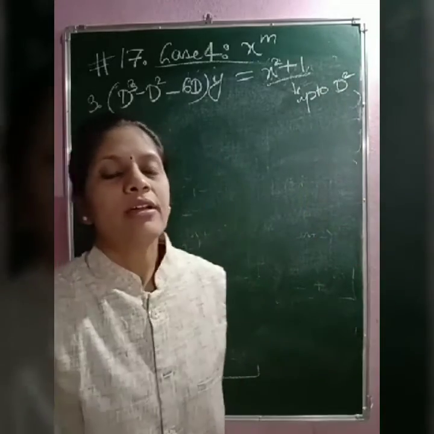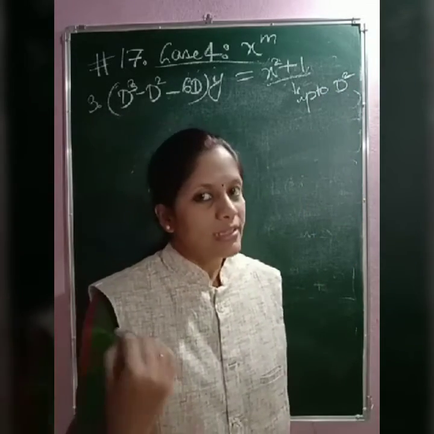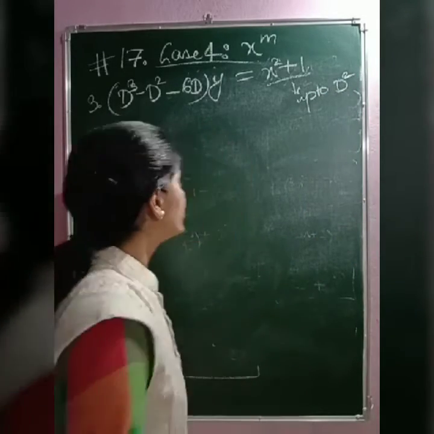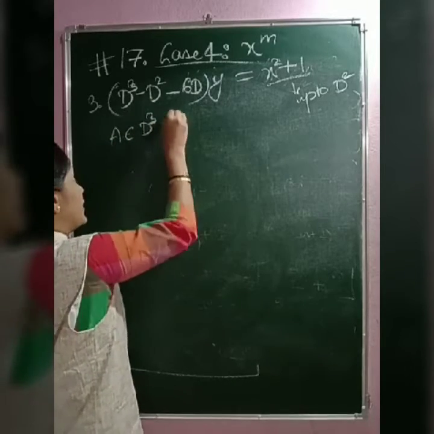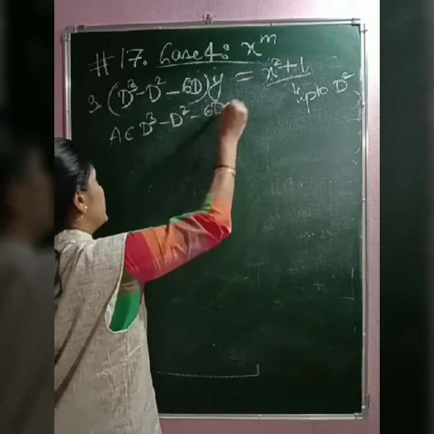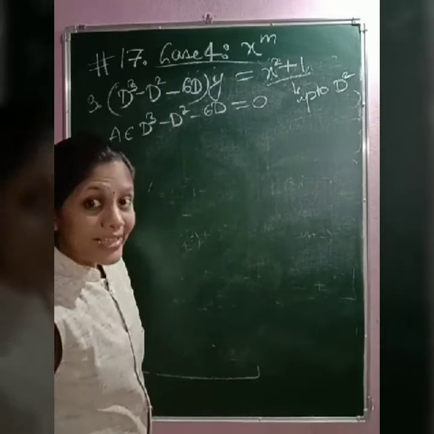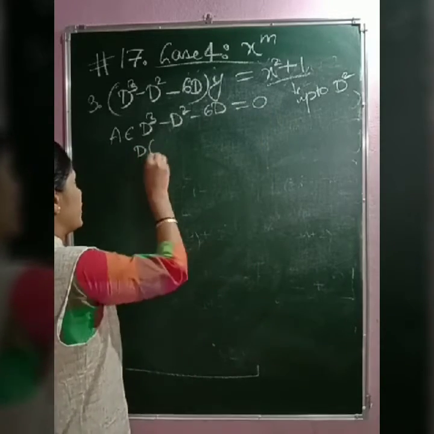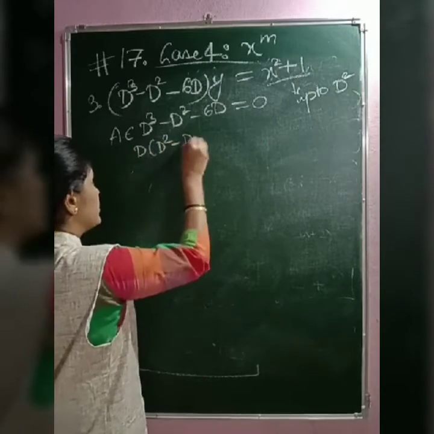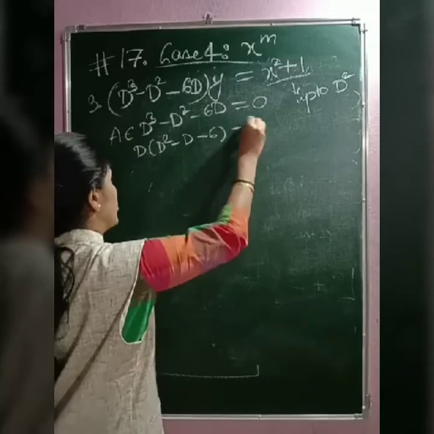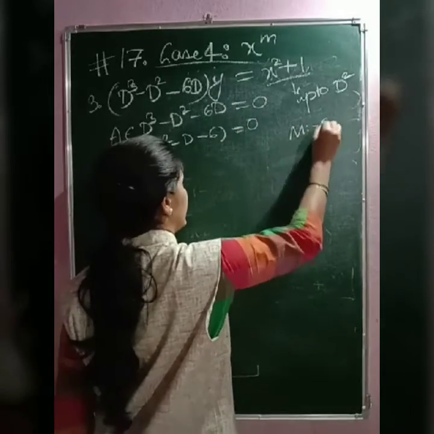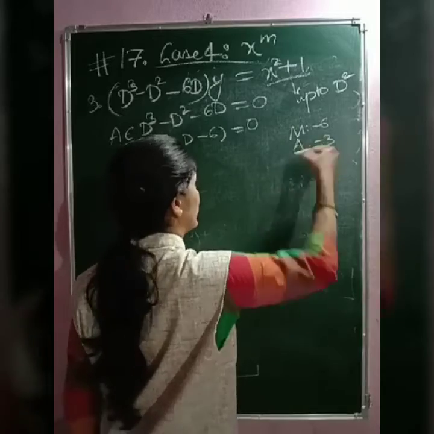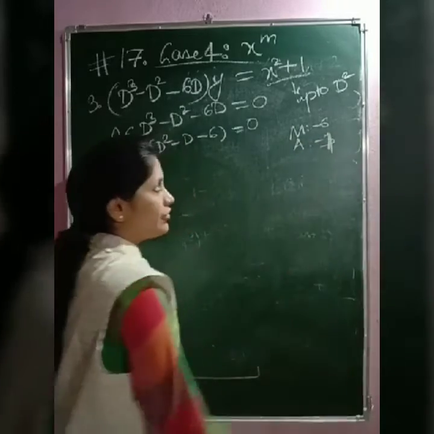Right? So now let us find CF, considering the auxiliary equation. What is the auxiliary equation? D cube minus D square minus 6D equal to 0. So D is common everywhere. Taking D outside, D square minus D minus 6 equal to 0. So this happens to be a quadratic. Multiplication minus 6, addition minus 1. What are the factors?